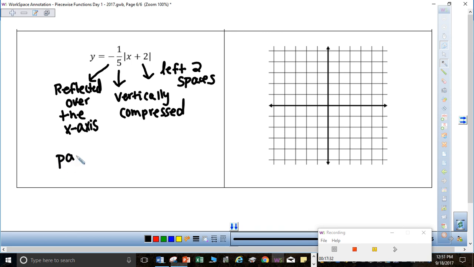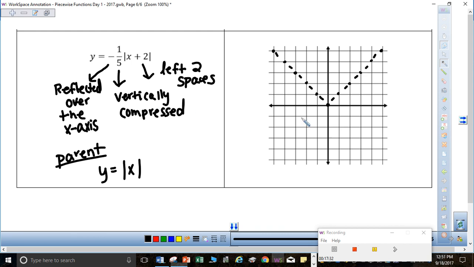The parent graph for this one is the regular absolute value, y equals absolute value of x. I'm going to do that one with a dotted line. So our V shape for absolute value graphs, the original, we've got a slope of 1 on one side, we have a slope of -1 on the other side.